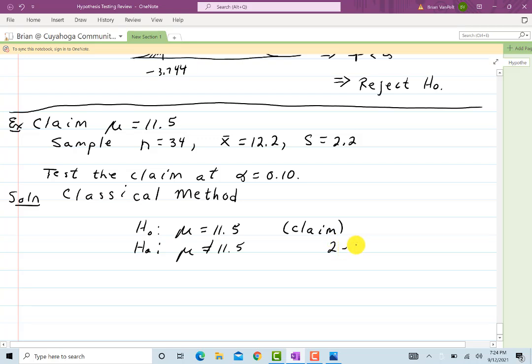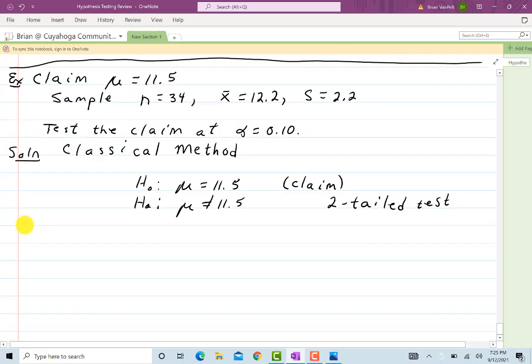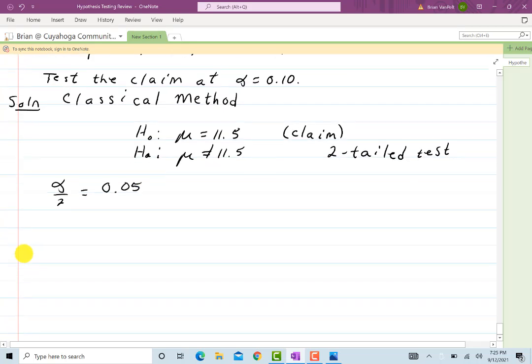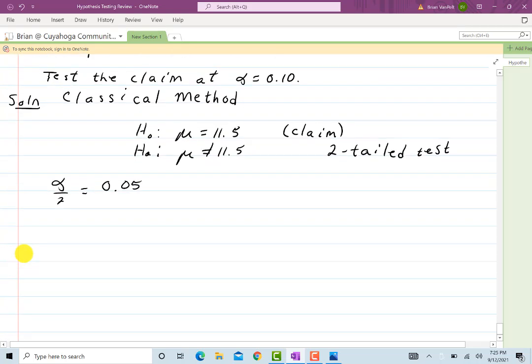And this makes it a two-tailed test. So you know what that means. I'm going to have to divide my alpha into 2. Alpha divided by 2 equals 0.05. Whenever I use the table now, I'm going to have to use an alpha equals 0.05, but make sure that I use the two-tailed version. You'll see when I get there.